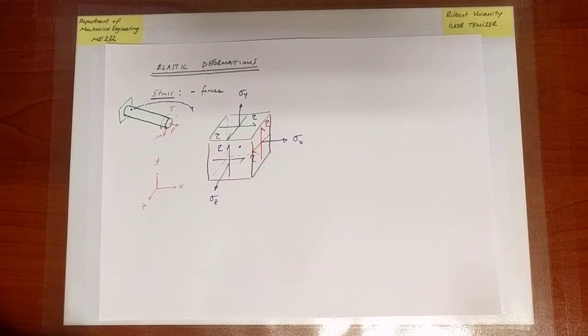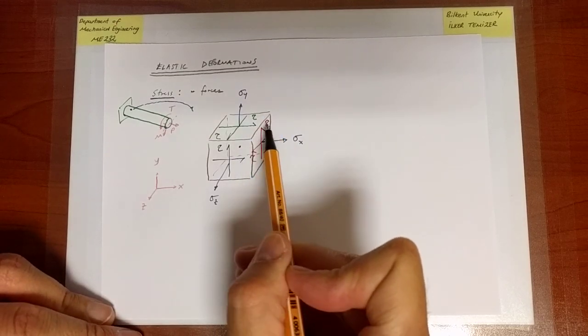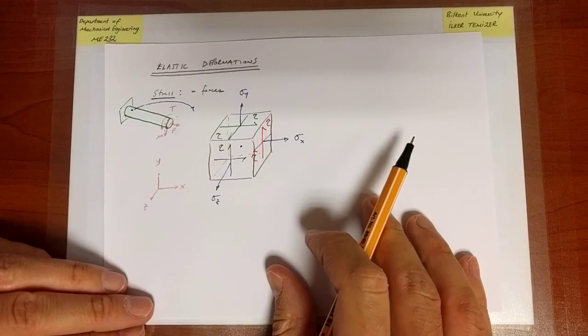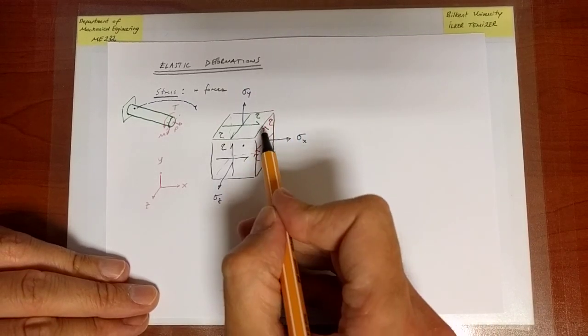Well, what is the naming convention for the stresses? This depends to a certain extent on the preference of the person doing this, but ultimately it will not make a difference. Let us talk about our preference in this course. The way we're going to recall how to write the components of the shear stress is as follows. First of all, I will look at a plane, for instance this plane.